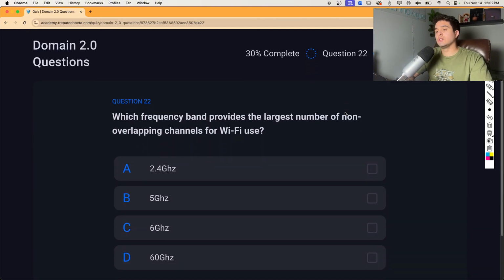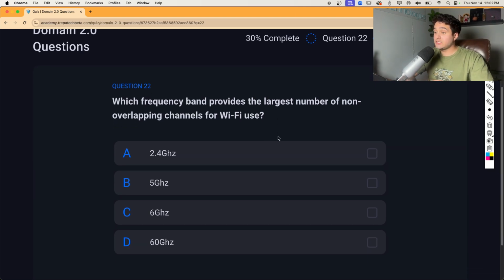Question 22. Which frequency band provides the largest number of non-overlapping channels? This is a good one because I don't even think I talked about it in the lecture. We have three major bands now, frequency ranges that we use for Wi-Fi: 2.4, 5, and 6 gigahertz. 2.4 gigahertz only has 3 channels that are non-overlapping: 1, 6, and 11. 5 gigahertz, I think it's in the explanation, only has 25 channels that you could possibly use, depending on how big the channel is, from 40 to 80 megahertz. 80 megahertz is going to be more overlapping, but only has like 25.